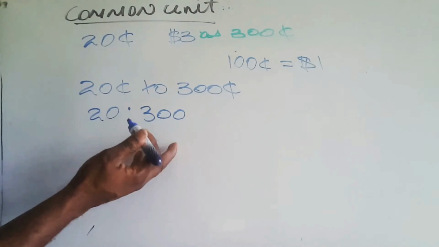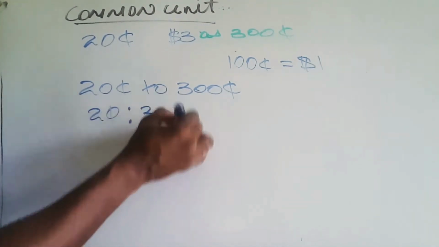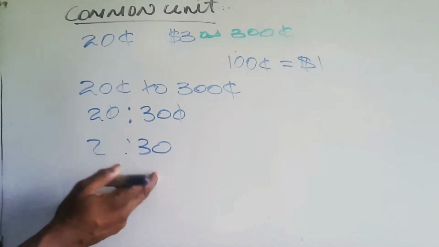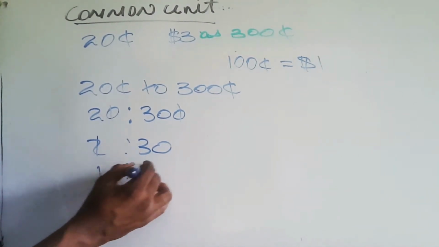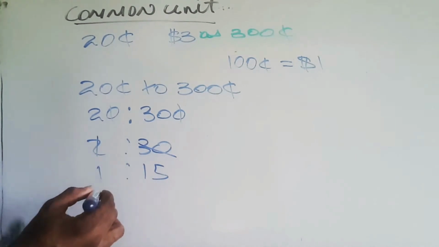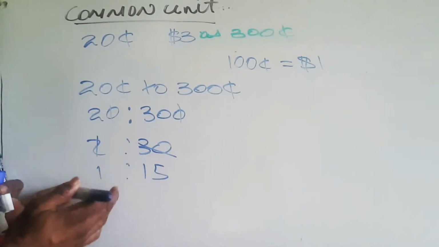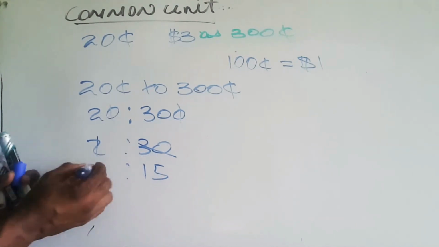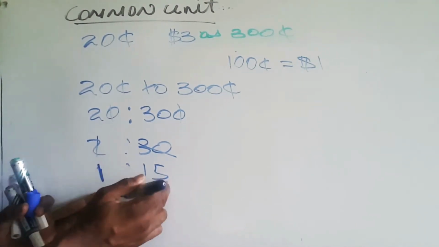We could cancel these, 2 to 30, and cancel these as 1 to 15. So this is the same thing as saying 1 to 15. In other words, 1 cent to 15 cents.